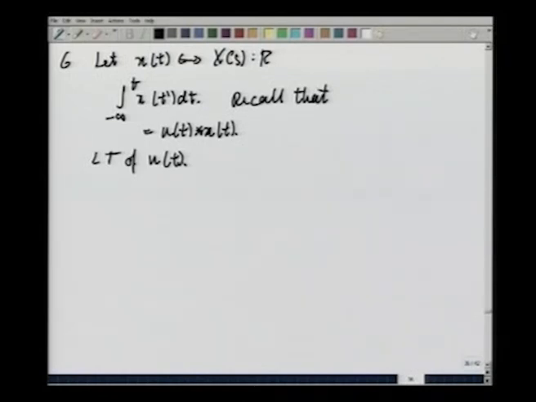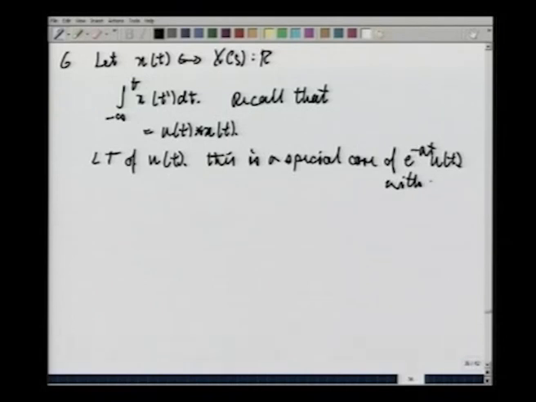Well, u(t) is nothing but a special case of e to the minus a t u(t) with a equal to 0.